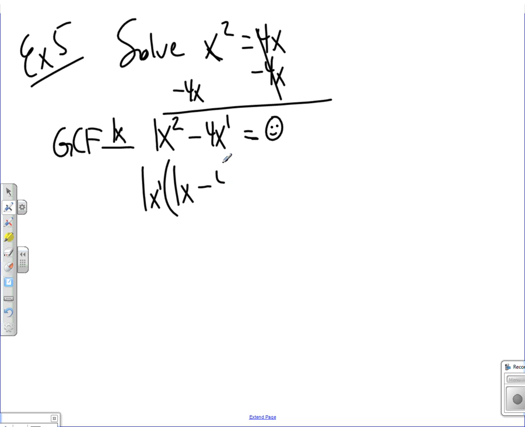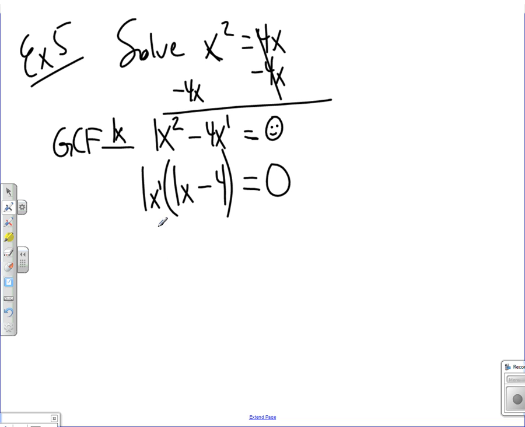Negative 4, right? Now, let's see what happens with our x's. I had an x. I took an x out. How many x's are on this 4? 0. No more x's, because we only had 1 to start with, x to the first, and we took that out. So there's no x's on that 4, and this is still equal to 0.